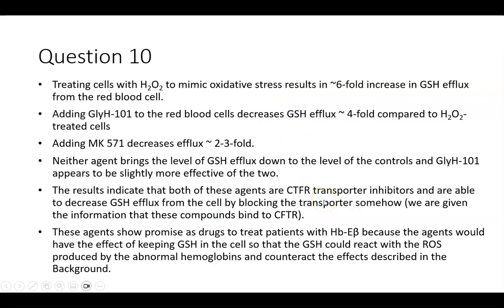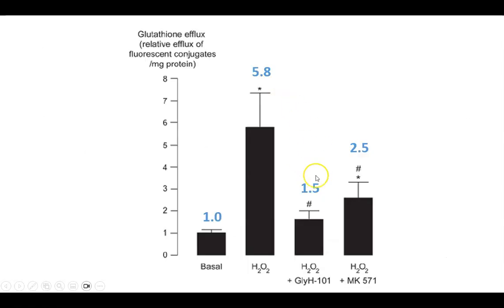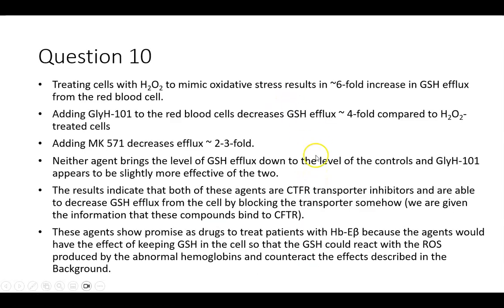And from here to here, that's about a 2 or 3-fold decrease. So the increase that I see with oxidative stress, I can get to come way down if I add the GlyH101 and the MK571. Neither one brings it down to the level of control. And the GlyH101 appears to be better of the two because it brings down 4-fold rather than 2 to 3-fold.